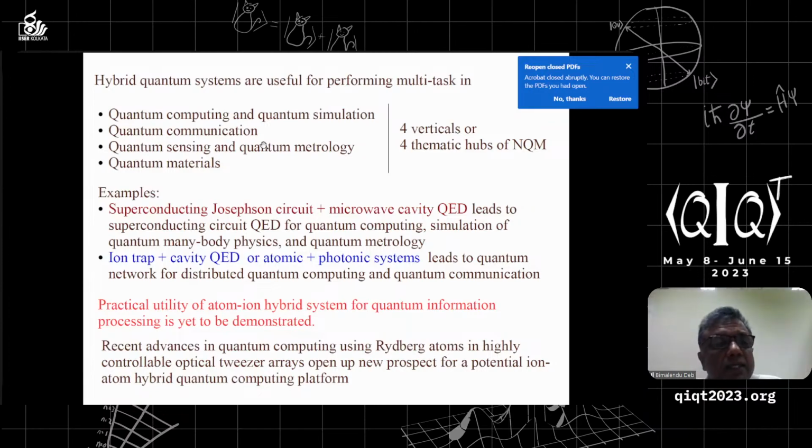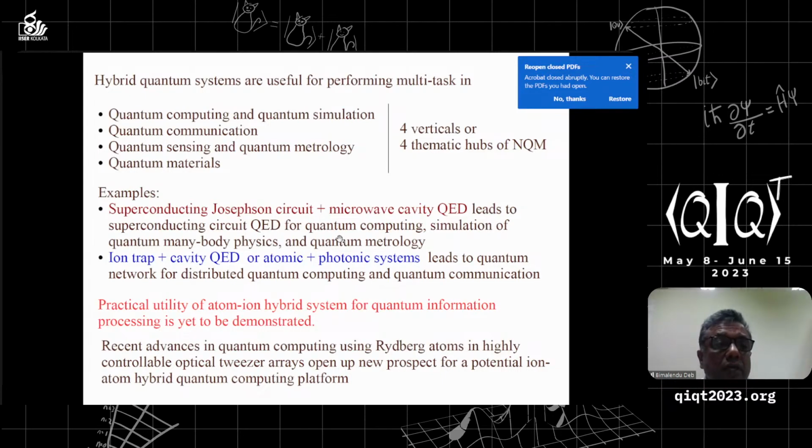In fact, these four areas are what are called four verticals or four thematic hubs, as the Government of India recently announced in the National Quantum Mission. So these four areas almost cover the entire gamut of quantum science and technology.